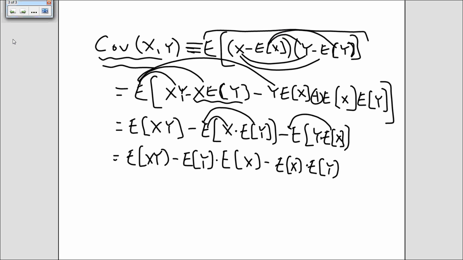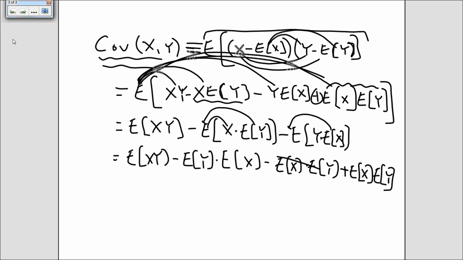plus E of this product. That product is a constant. E of x is a constant, E of y is a constant. You multiply them, you get a constant. And when you take E of a constant, you just get the constant, E of x times E of y. Okay.